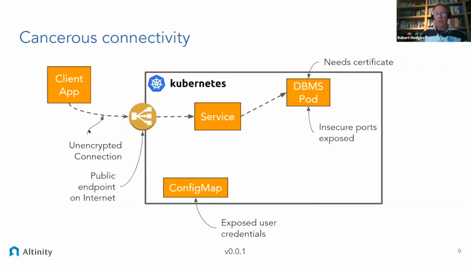And so we could have things like, hey, the database needs a certificate. We need unencrypted or encrypted connections. We need to make sure that we're not accidentally exposing endpoints, exposing user credentials, or having a bunch of insecure ports that are just showing up on the network. So this is the attack surface.